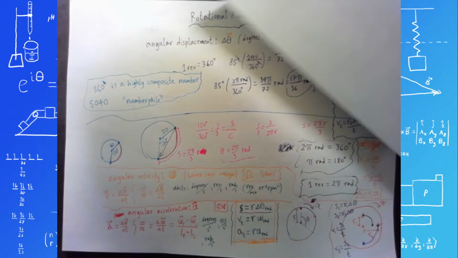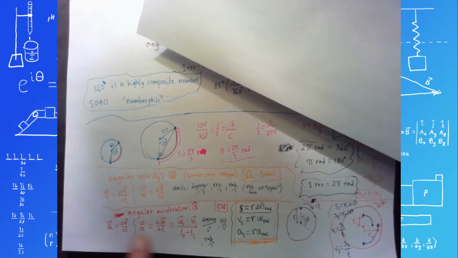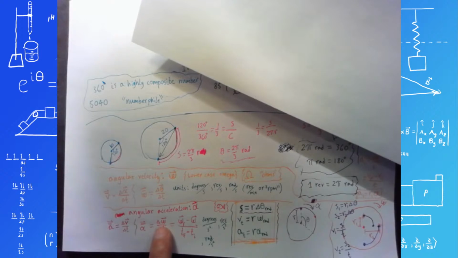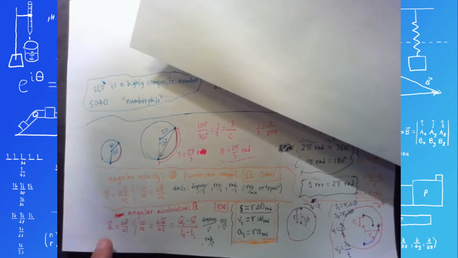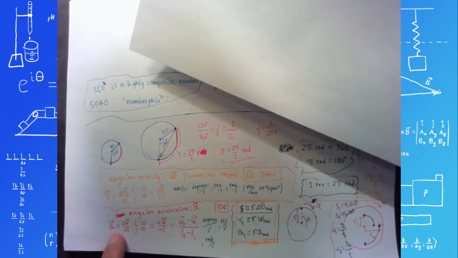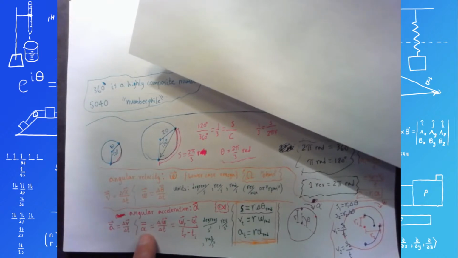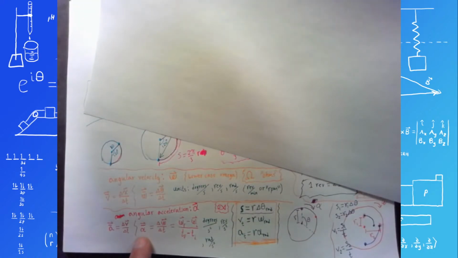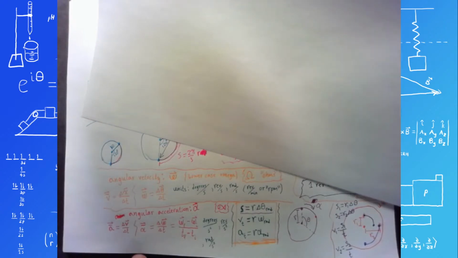If average angular acceleration is defined as the change in angular velocity over change in time, well, that kind of lines up with how we defined it for linear acceleration. And if the acceleration is constant, if you have a situation where angular acceleration is constant, then the average acceleration is that constant.